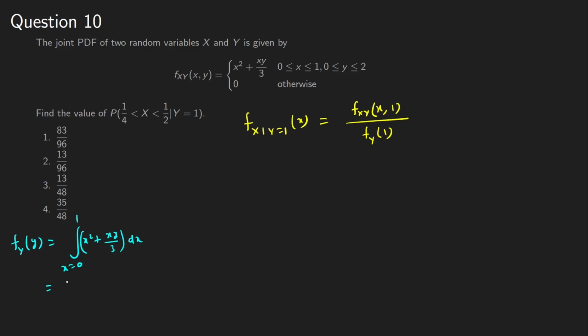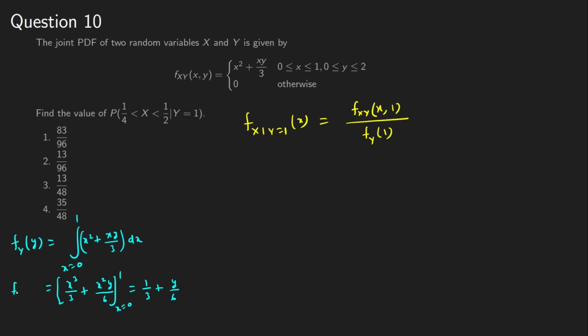It will become x cubed by 3 plus x squared y by 6, with x going from 0 to 1, which will be equal to 1 by 3 plus y by 6.